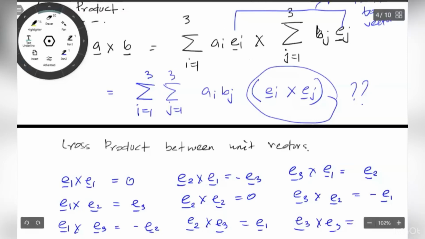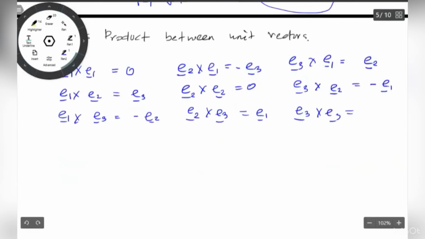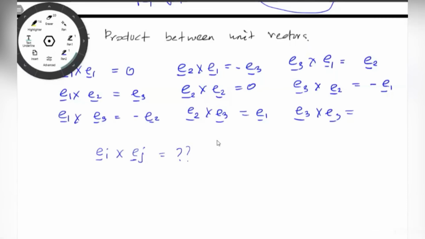Okay. So now the same way, what will be ei cross ej? For this, we need to understand that three of them are going to 0.